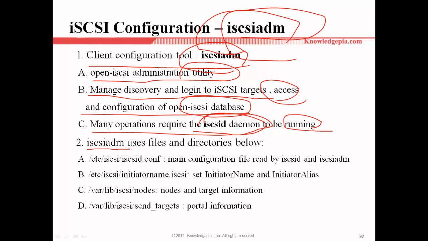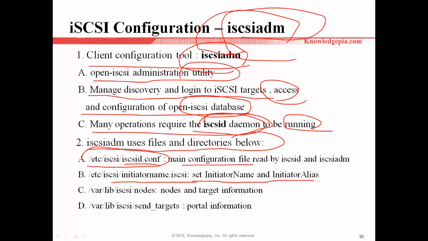And iscsiadm uses files and directories like these. The main configuration file is iscsid.conf. Then initiatorname.iscsi sets the initiator name and initiator alias.